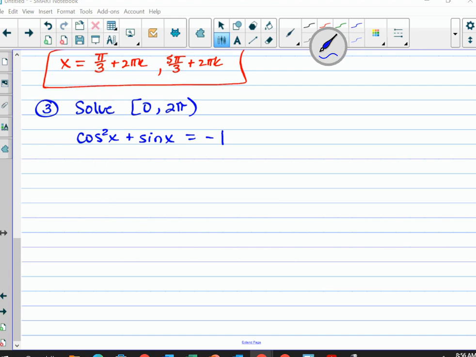Negative 2 times 1. I took out the minus sign. No, it's quadratic.